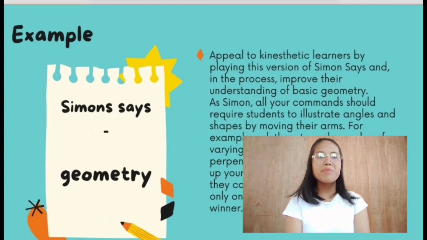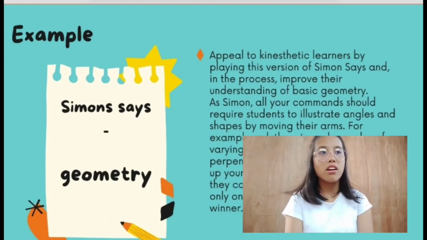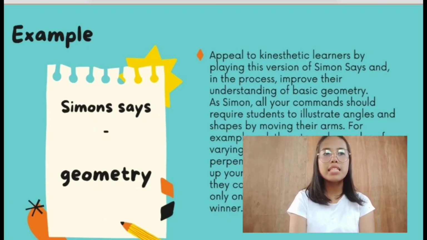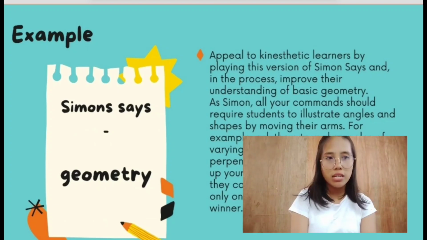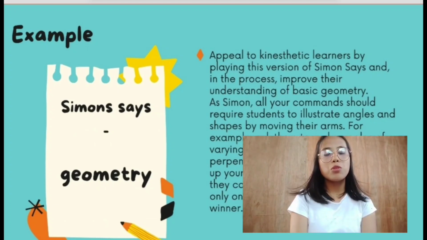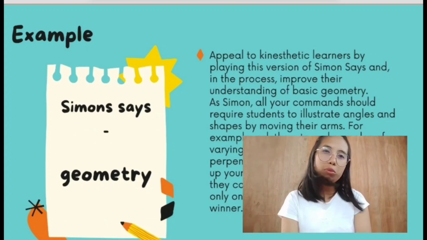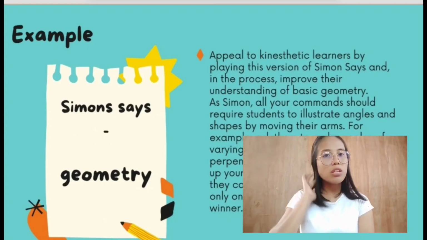For example, ask them to make angles of varying degrees as well as parallel and perpendicular lines. Continuously speed up your commands and change whether they come from Simon or not, until only one student remains, and it is the winner.